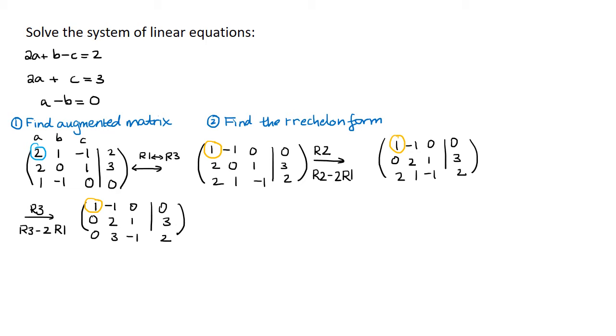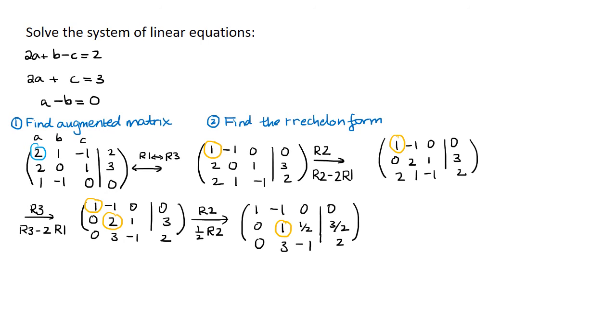And I move on to row 2, where I have a leading entry of 2. So I like to have a 1 there. So I'm going to replace row 2 with 1/2 of row 2. And now I want to eliminate the 3 that lives below this leading entry.